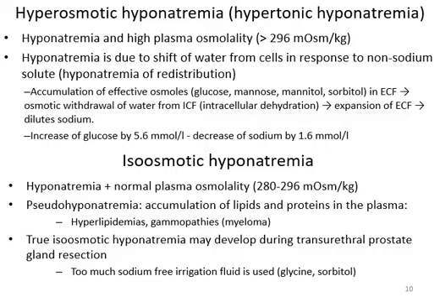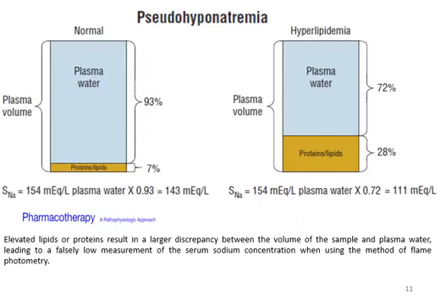get into the circulation, usually due to surgical interventions, typically in transurethral prostate gland resection. But the majority of the cases are the pseudohyponatremias. Pseudohyponatremia is another group of the isotonic conditions.